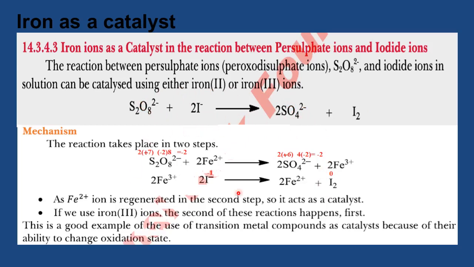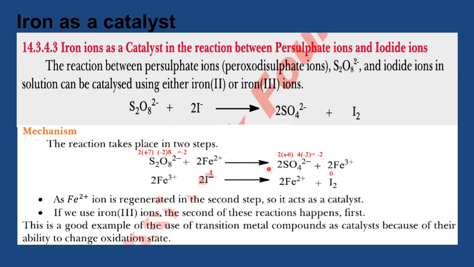As iron is acting as a catalyst, it is regenerated in the second step. That is why we say that iron in this reaction is taking part but acting as a catalyst. If we use iron 3 ions instead of iron 2 ions, then the second step is going to take place first, and after that the first step.